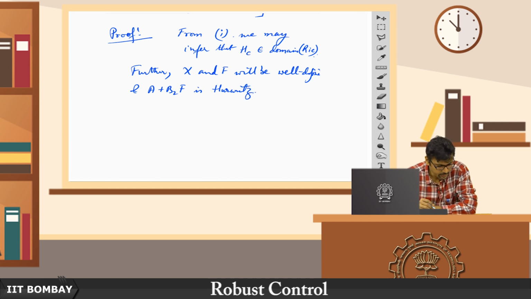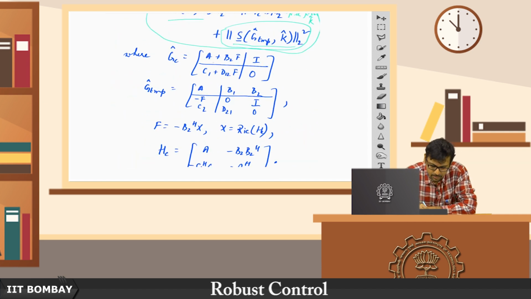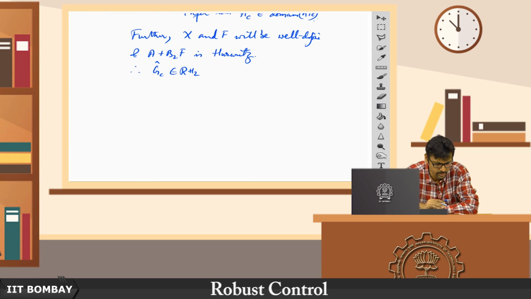Yeah. So, if it is Hurwitz, therefore, GC hat must belong to RH2, because what is GC hat? Notice what is GC hat. If A plus B2F is Hurwitz, then GC hat is stable, right. This transfer function is going to be stable. So, therefore, it belongs to RH2. It is really not that difficult to see.